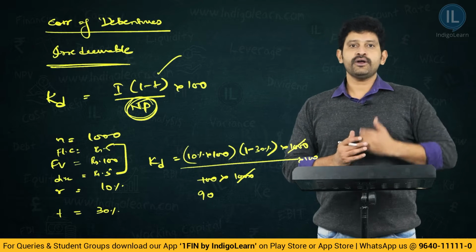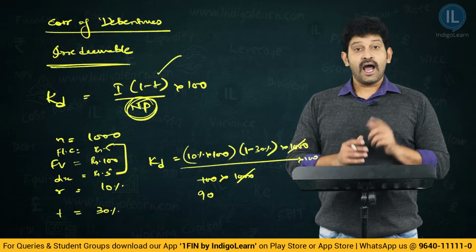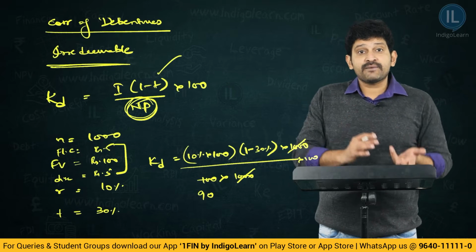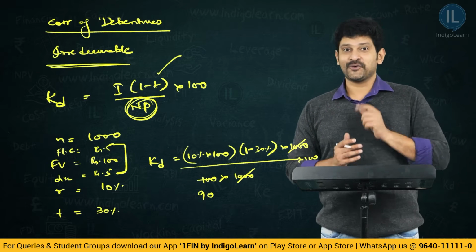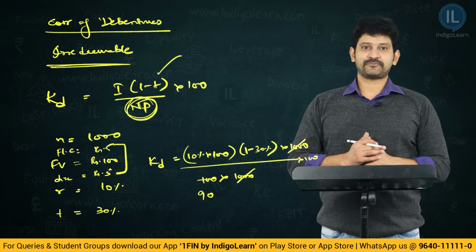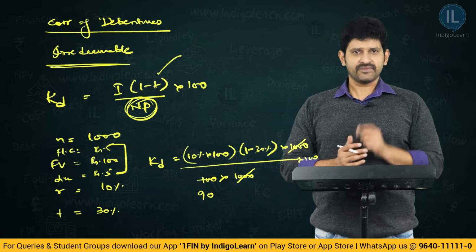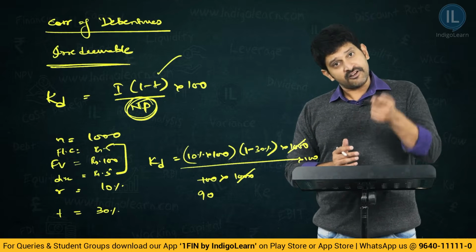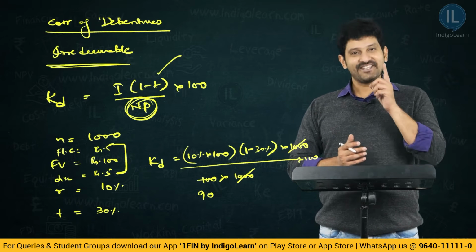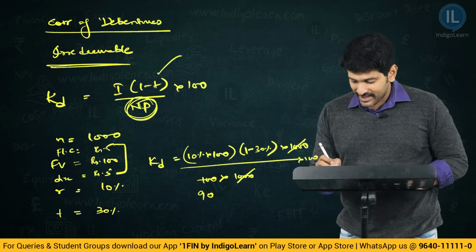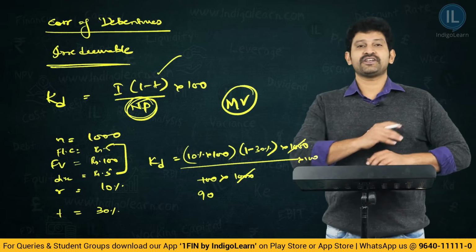When you issued, it was 100. After some 10 years, say for example, it became some 400 or 500. Now tell me, the market value is much higher. Then in such a case, will you still take the face value as the base or the market value? In such a case, we will take market value, not the face value.